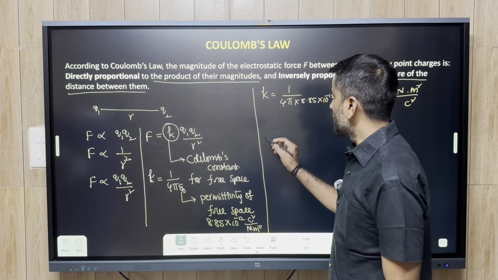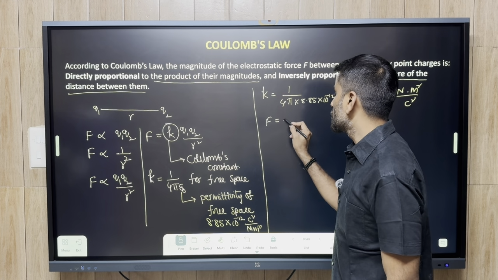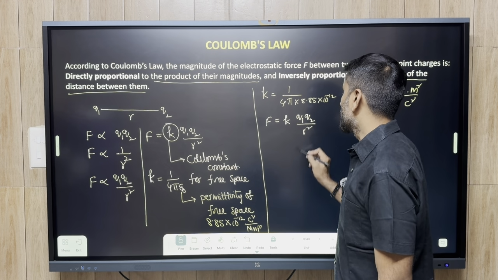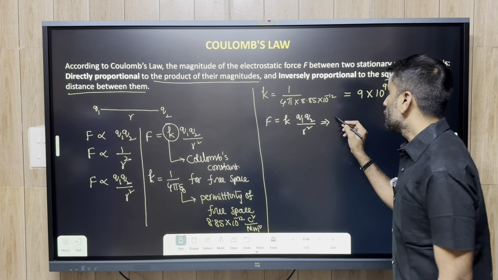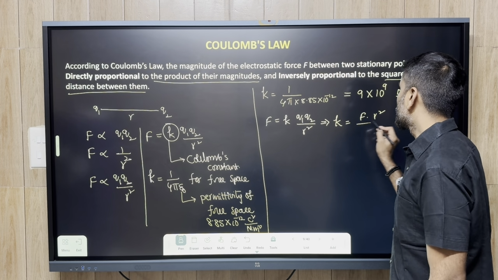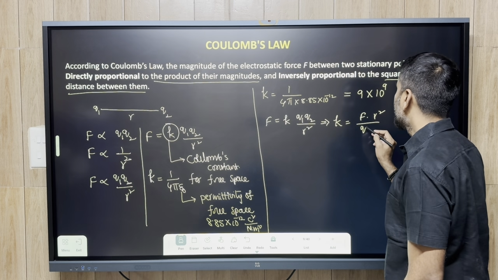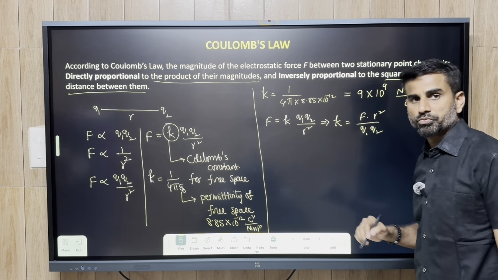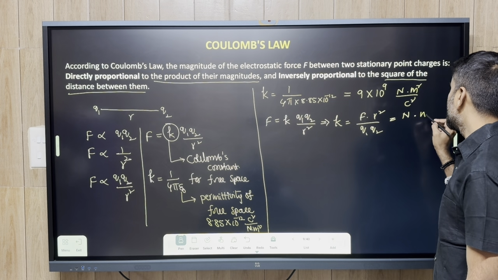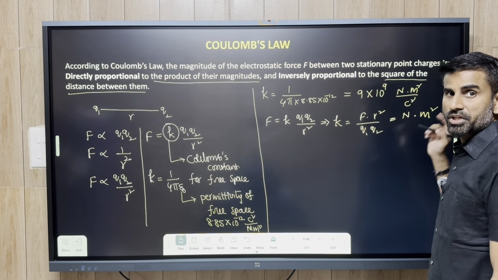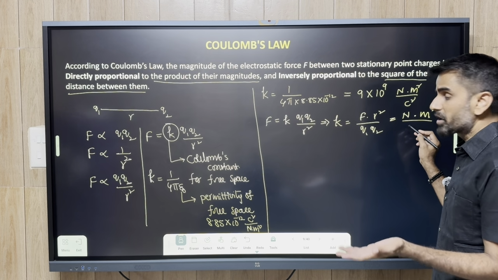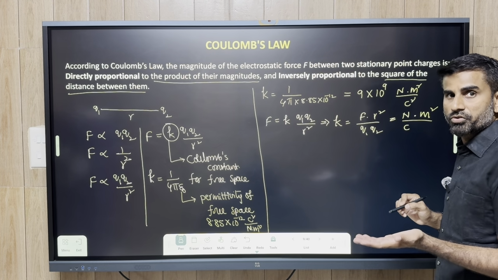First K. We have F is equal to K times Q1 Q2 by R square. Rewriting the equation for K, K is equal to F times R square divided by Q1 times Q2. The force unit is Newton and the separation unit is meter, which is squared, so I put the square for the unit as well, divided by Q1, the charge of one particle, whose unit is Coulomb.